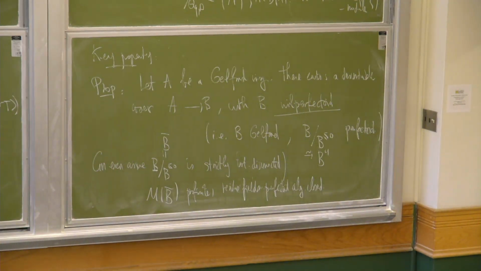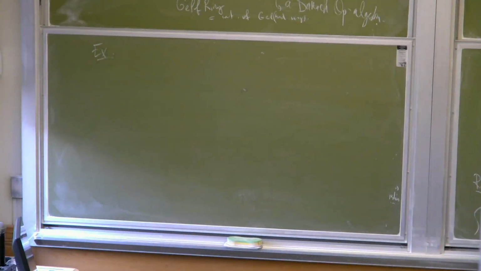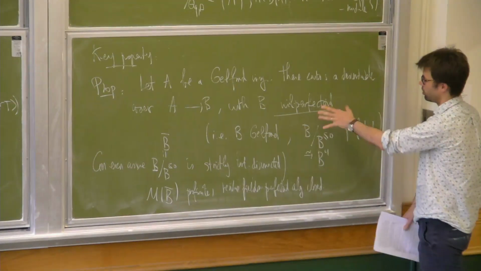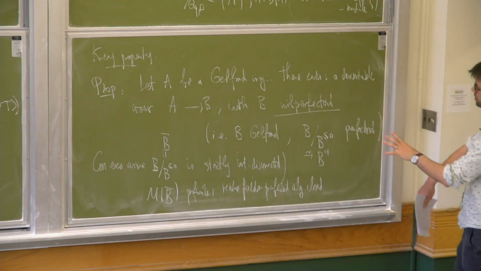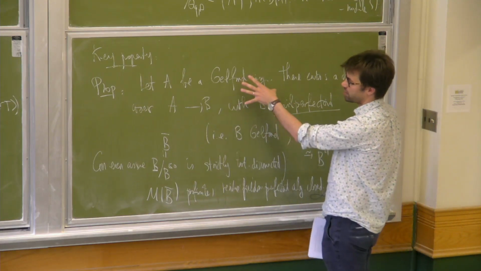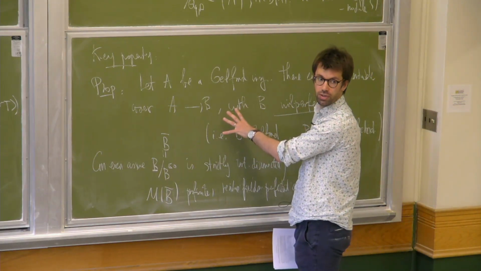And so, as examples, maybe first, this subcategory of nil perfectoid rings is not stable under colimits, but it's stable under pushouts or finite colimits. And in particular, you could have defined Gelfand stacks just as stacks on this category of nil perfectoid rings instead.